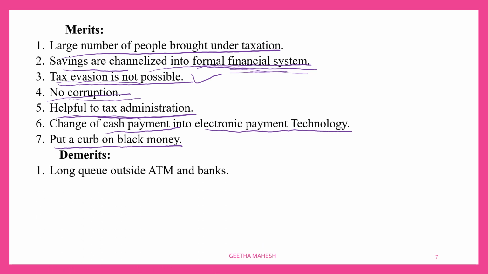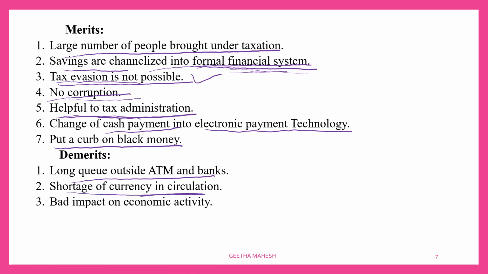Now, let us discuss demerits. Long queues at ATMs and banks. We too experienced the same thing because of the shortage of new currency and depositing old currency in exchange for new currency. There were long queues outside ATMs and banks, and there was a shortage of currency in circulation.